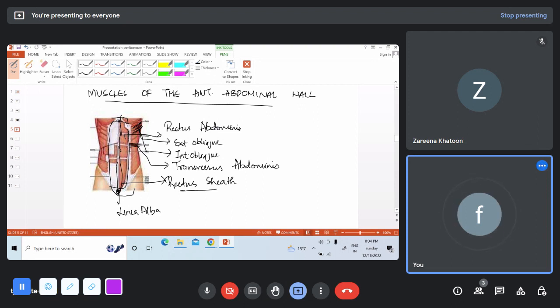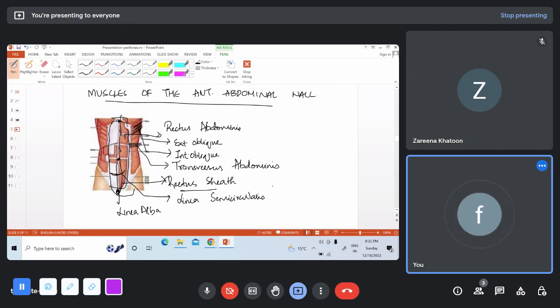All right. Now this rectus sheath has anterior and posterior layers. The anterior layer completely covers from the pubic tubercle to the xiphoid process, whereas posteriorly, the rectus sheath ends midway between the umbilicus and the pubic symphysis, somewhere here. This line is called linea semicircularis.